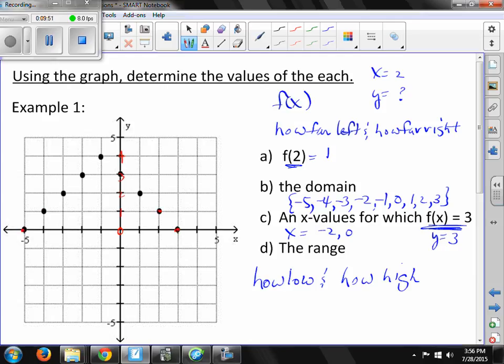The second points have y values of 1. We have some that have y values of 2, 3, and 4. How low does it go? It goes down to 0, and then it has values of 1, 2, 3, and 4.